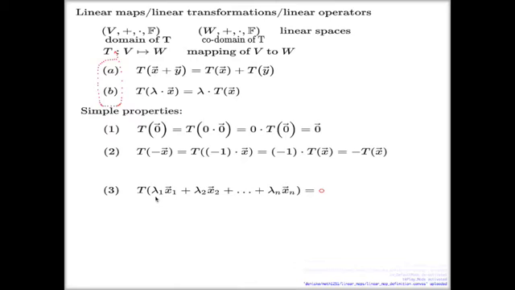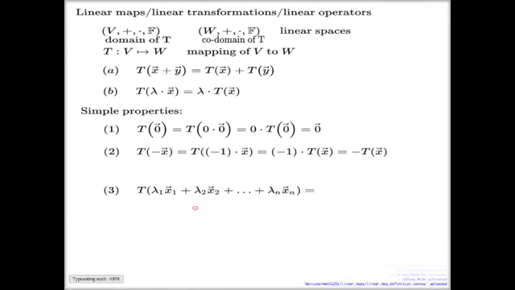And remember, expressions of this type we call linear combinations. If you apply a linear map to a linear combination, this will be simply the identical linear combination of the individual applications of T. You can see this through A and B using the method of mathematical induction. So you do like this.